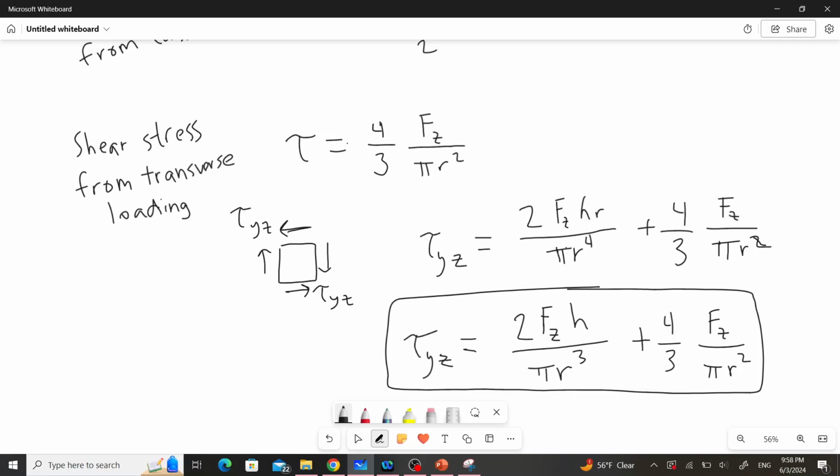And that's our total shear stress from our load condition.